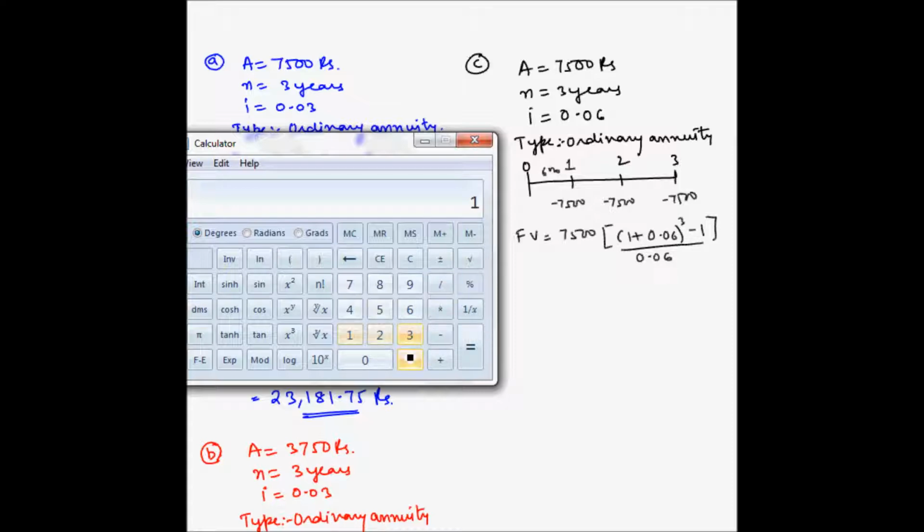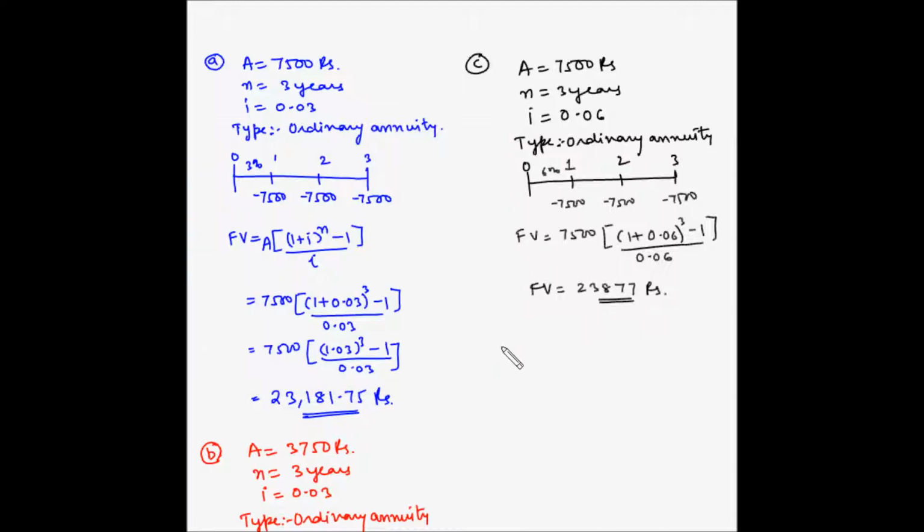So 1.06 to the power 3, minus 1, divided by 0.06, is equal to, and multiplied by 7,500. So the future value is 23877 rupees. So now let's move to part number D.